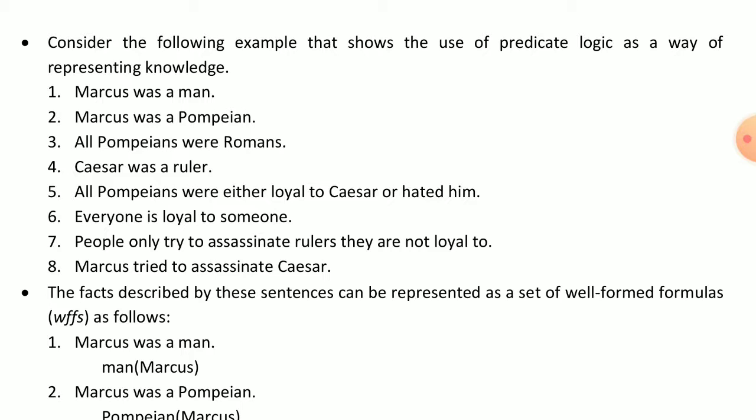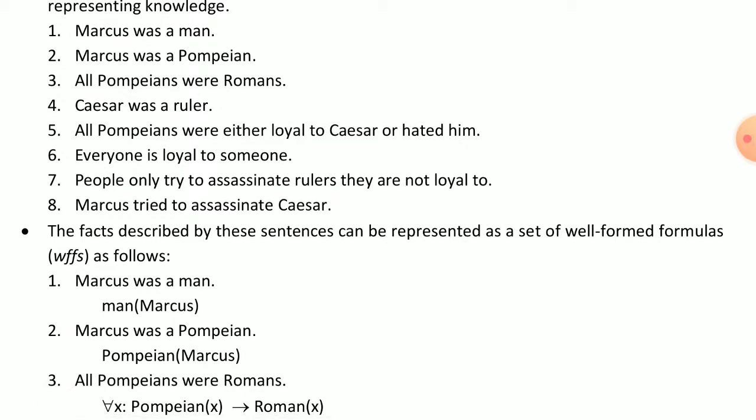Here eight different sentences are given, and the facts described by these sentences can be represented as a set of WFFs, well formed formulas. So our first sentence is Marcus was a man.